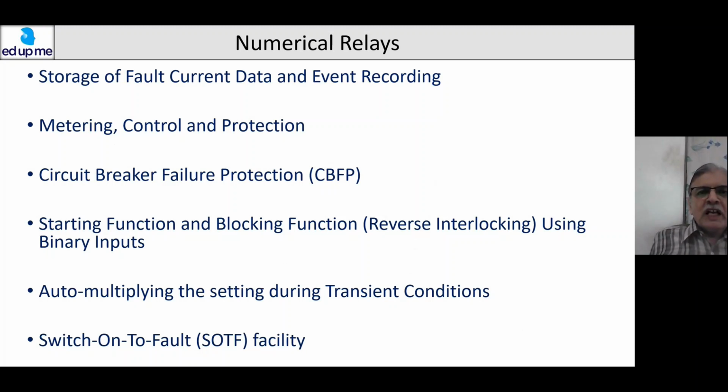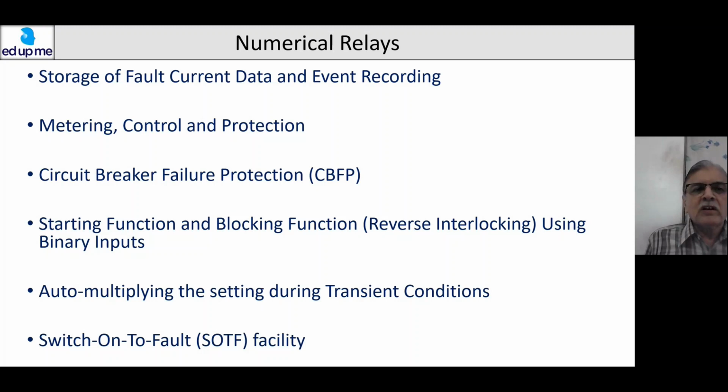Storage of fault current data and event recording, right? That is another advantage. Fault currents are available, not only one, but as many as the last 32 fault current data. Not only data, but what was the harmonics in the fault current? What was the DC offset? Not only that, but you can have the wave shape plotted on a time graph.